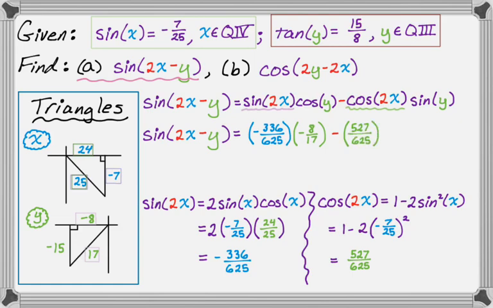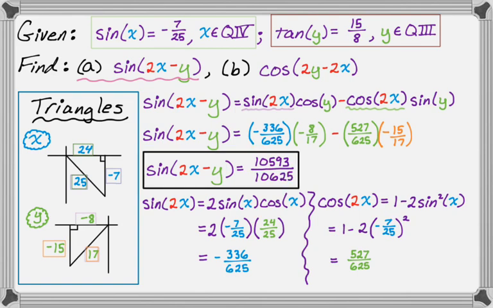And then sine of y, we're going to go back to the triangle for y, get negative 15 over 17, and fill that in. All right, and now I use the calculator. It's just arithmetic, but it's arithmetic I don't want to do during the video. So I get 10,593 over 10,625. All right, so that's the sine of 2x minus y.